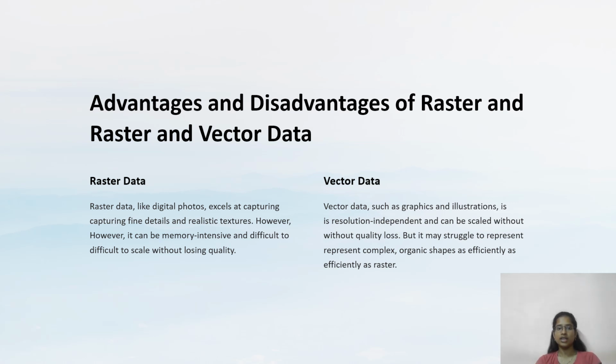Raster data can be memory intensive and difficult to scale without losing quality. But vector data, though it can be scaled without quality loss, may struggle to represent complex organic shapes as efficiently as raster.